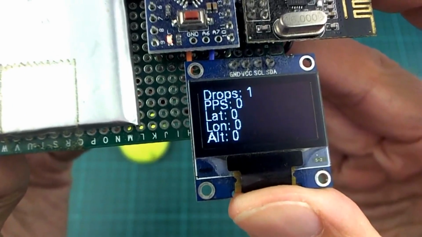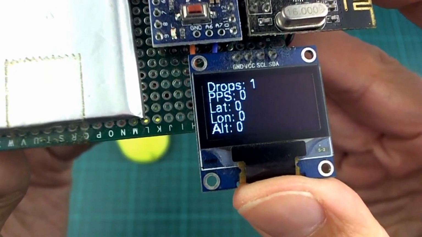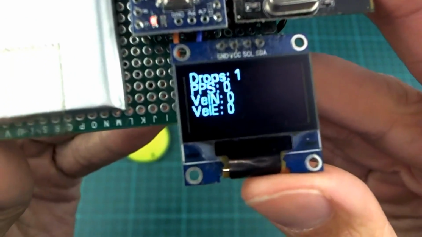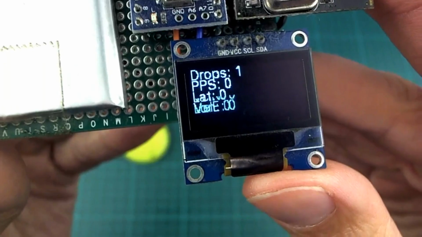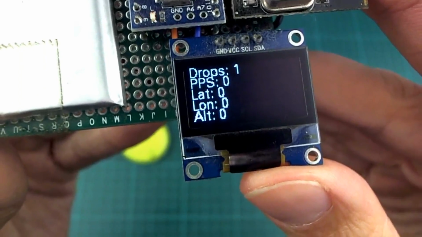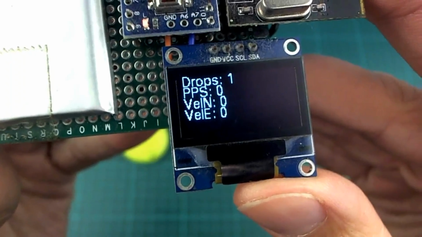And the PPS below that is packets per second, and that's obviously 0 because our transmitter is not on. Then we have velocity north, velocity east, and lat, long and altitude. They're all 0 at the moment because the tag is not on.